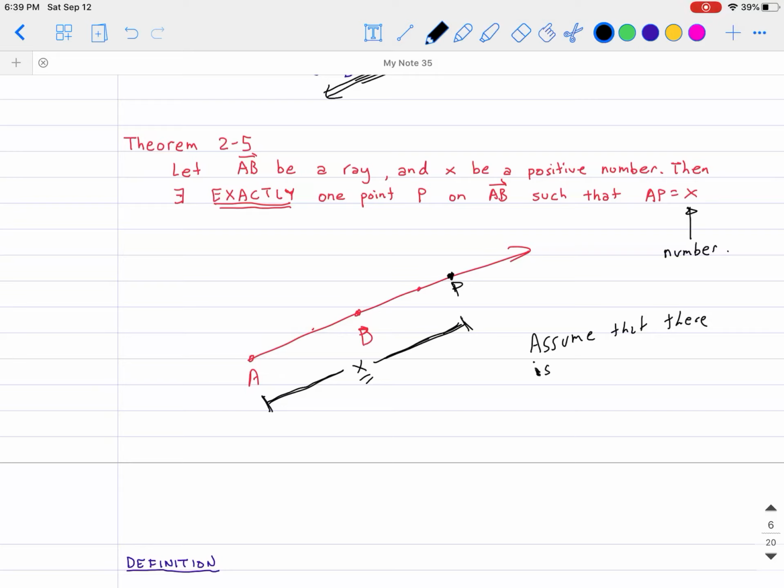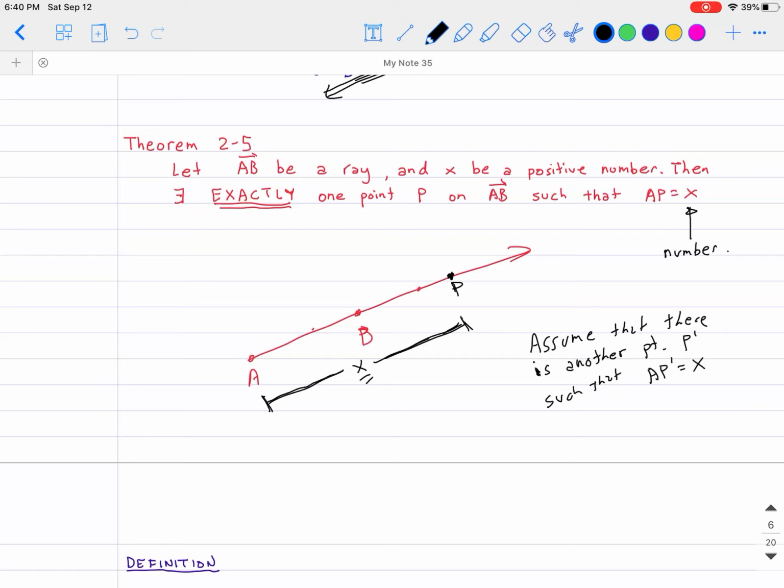Assume that there is another point, we'll call it P prime, such that AP prime is equal to X. So you notice what I did there was I basically said, let's look at what we're trying not to prove and see if that actually works out. So I'm going to say that there's another point P prime such that the length is equal to X.